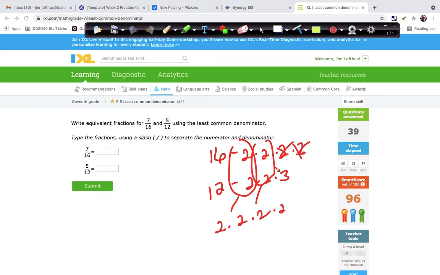So we've got 1, 2, 3, 4 2's, multiply together times 3. So that's 16 times 3 is 48. So 7/16 is 21/48.